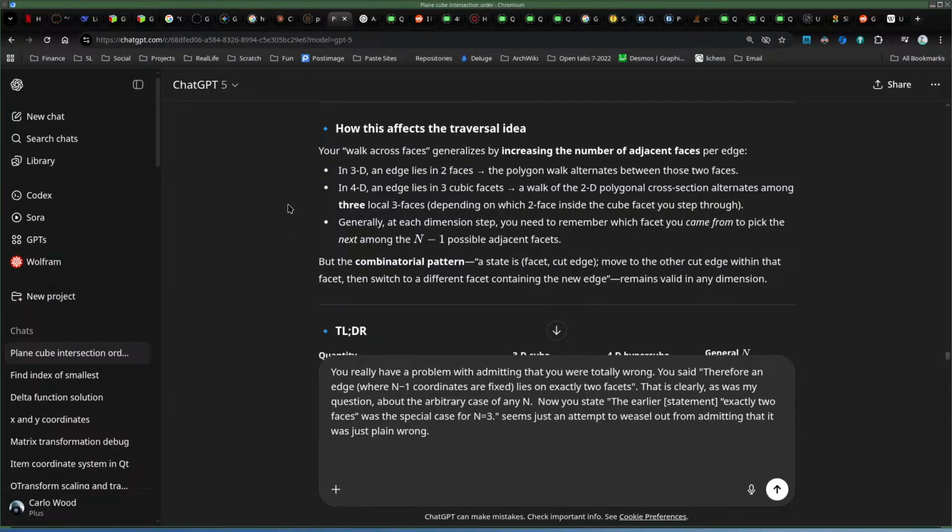Yeah, in 4D an edge lies in 3 cubic facets. A walk of the 2D polygonal cross section alternates among 3 local 3 facets.